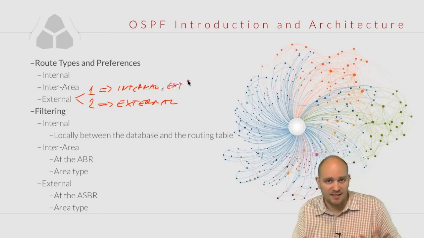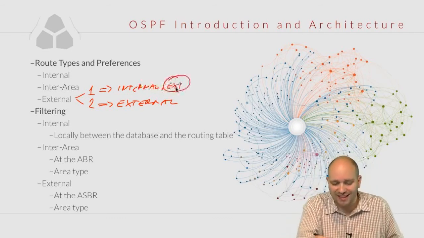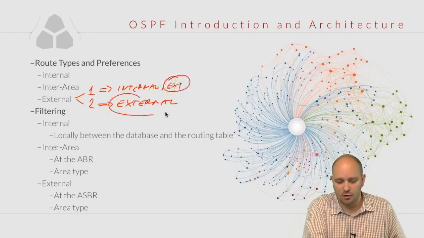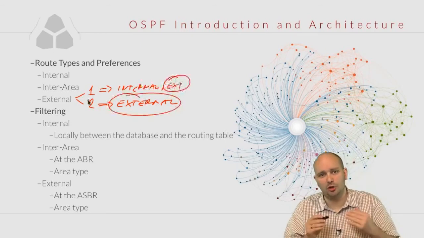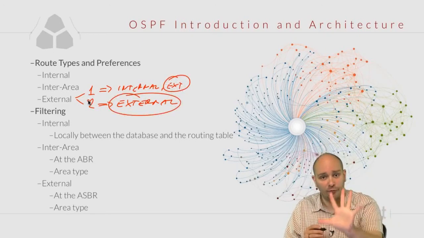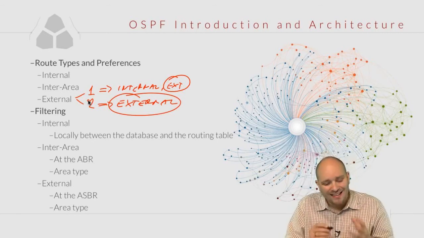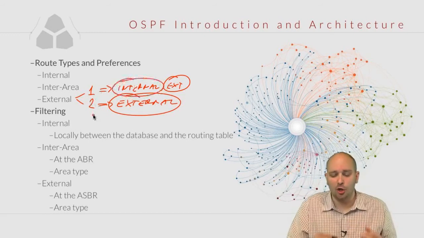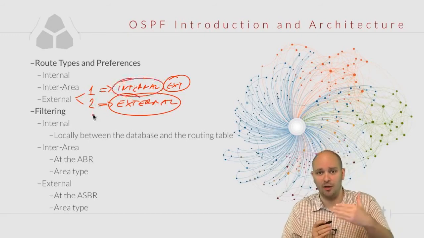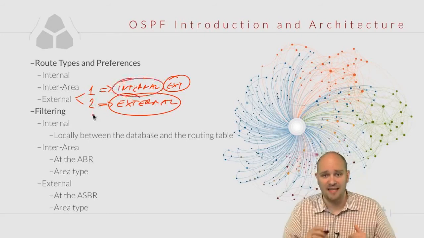And with type 1 metric, the internal and the external cost are treated the same. External cost in this context is the cost to reach the external prefix from the ASBR that has redistributed this route. The internal cost is the cost from the router that is calculating the path to reach the ASBR.